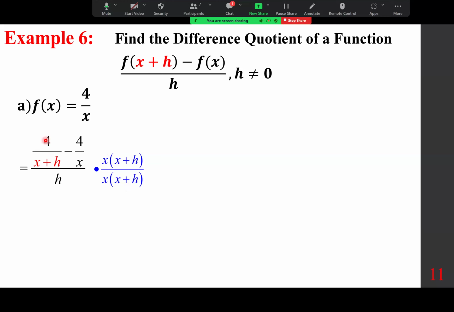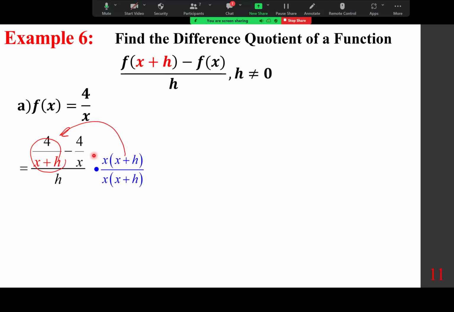We're going to multiply these two. I'm going to multiply this one by this one. The denominator goes away because x plus h cancels out x plus h, and it becomes 4x. So please understand, the product of these two, x plus h goes away, 4x.